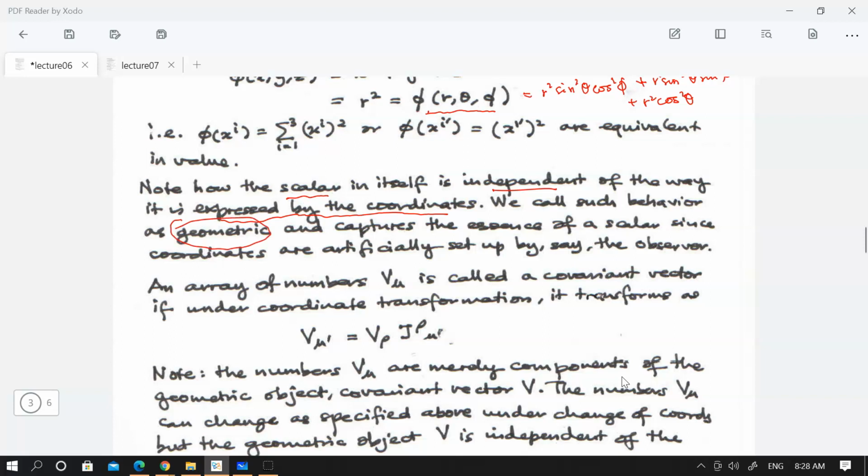And it captures the idea that the scalar is actually the same thing irrespective of what coordinates you choose, just like your x squared plus y squared plus z squared, that value is the same as r squared.